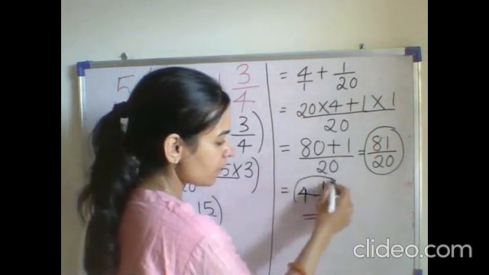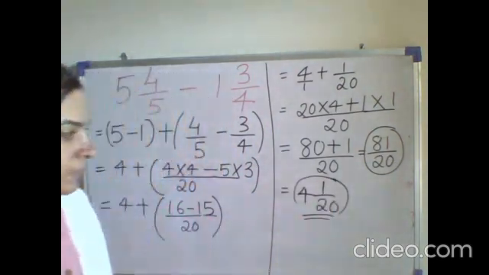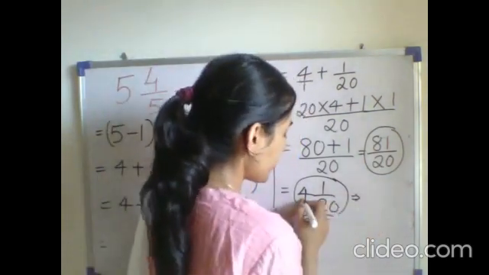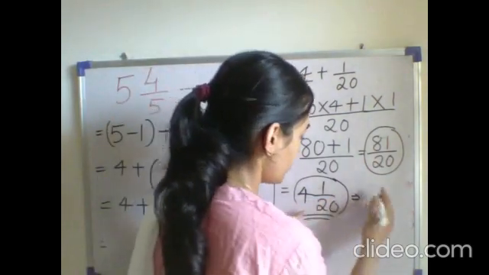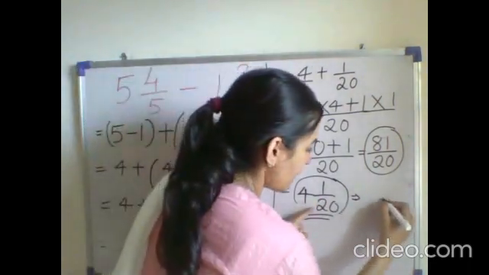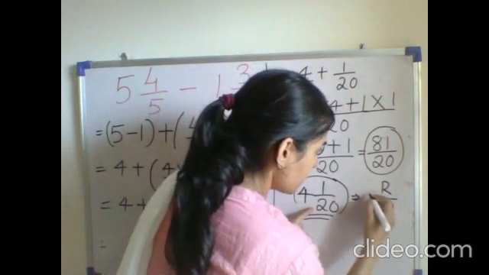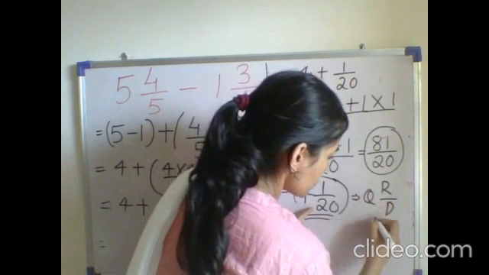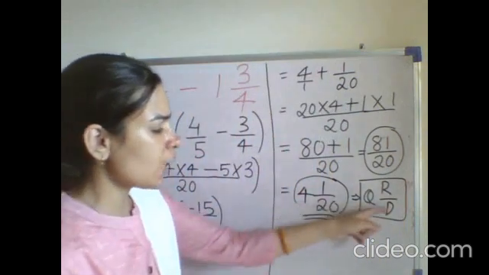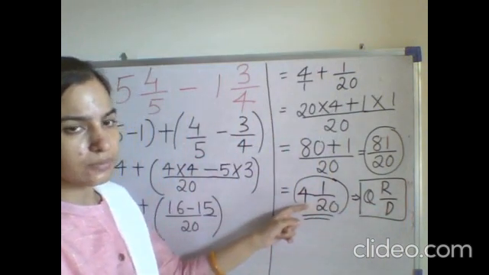This will be your final answer. How will you write this? The divisor will come in the denominator, with the remainder and quotient. This is the formula for writing the mixed number.